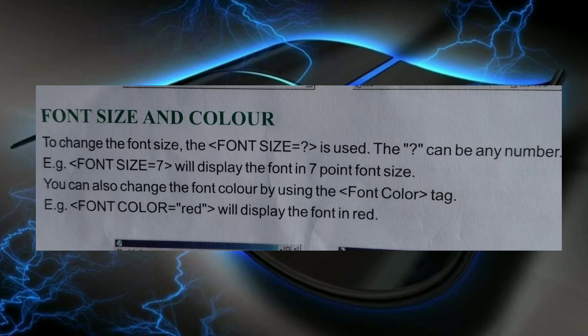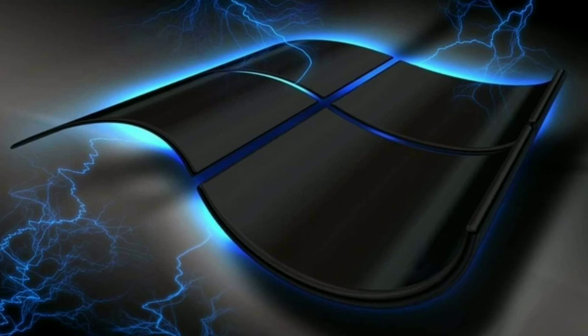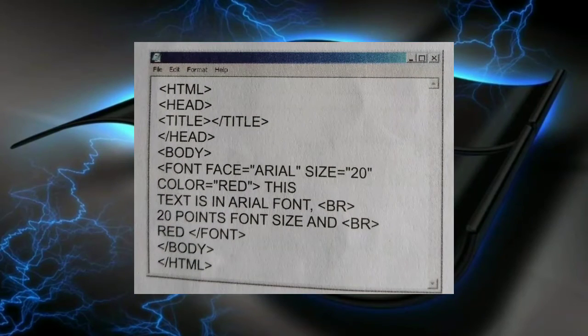You can also change the font color by using the font color tag. For example, in tag font color equals inverted comma red, inverted comma complete, tag close will display the font in red. Now in the following window you can see the HTML code for font size and color.